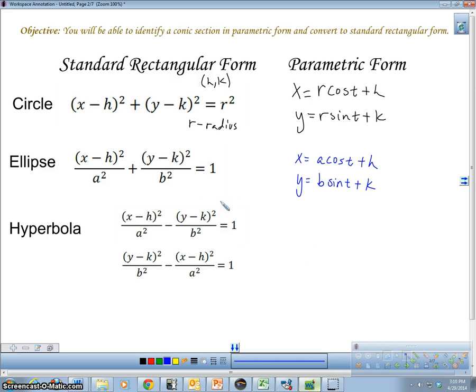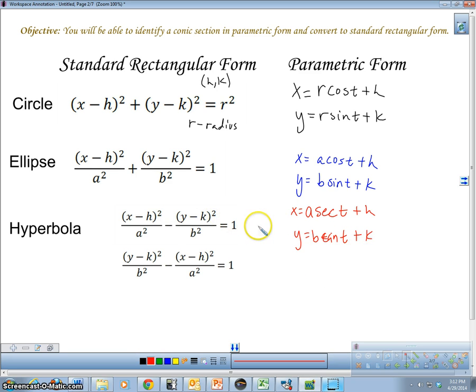For a hyperbola, those are a little bit different. We're not going to use sines and cosines. We're actually going to use secants and tangents. So x equals a secant t plus h and y equals b tangent t plus k.